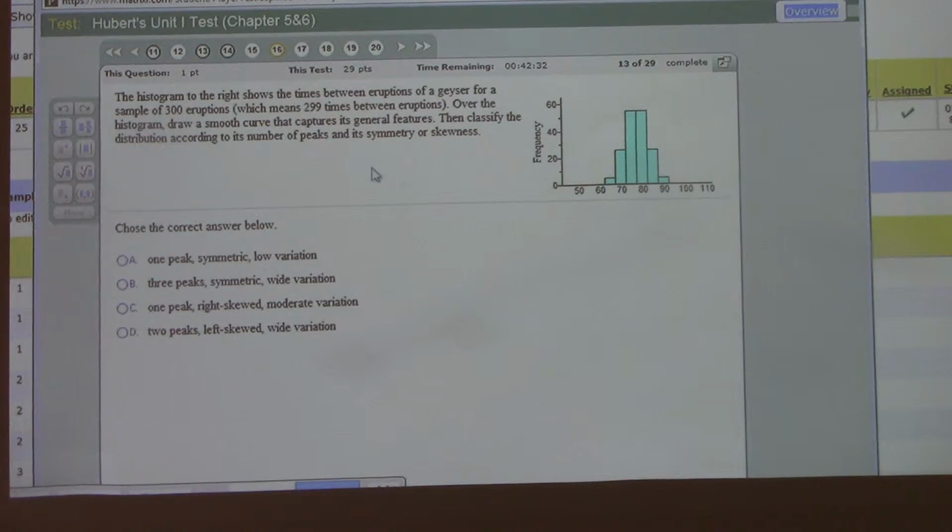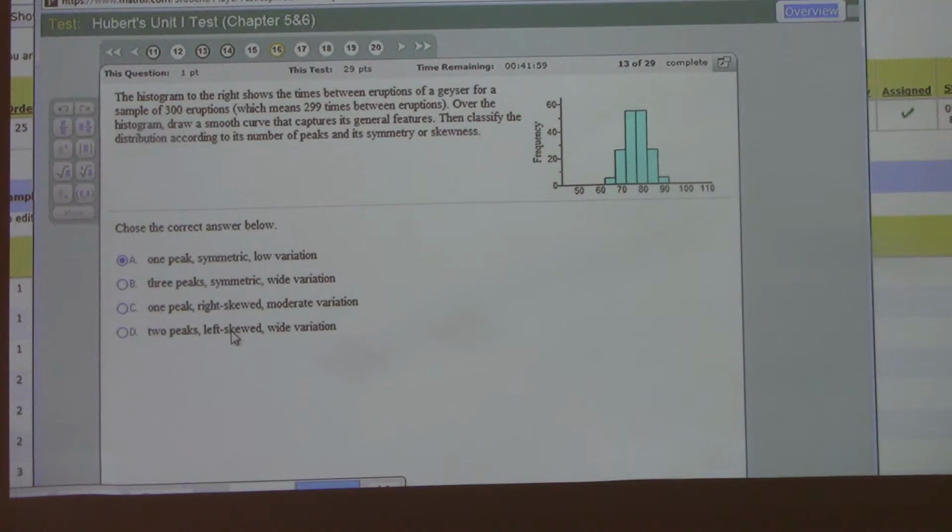Histogram. The histogram shows the times between eruptions of a geyser for a sample of 300 eruptions, which means 299 times between eruptions. Over the histogram, draw a smooth curve that captures general features. That's a normal distribution. So look for one peak, symmetric, low variation. Two peaks, no skew.